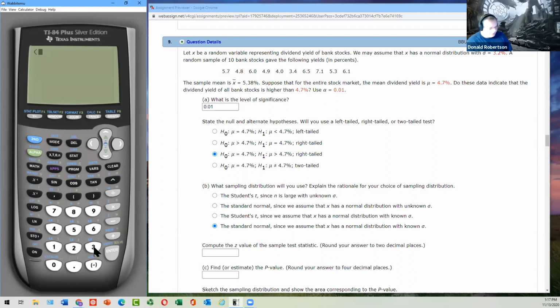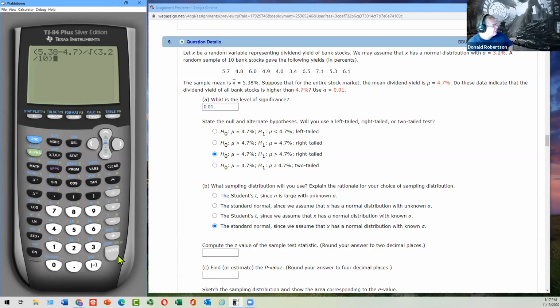We're going to take the data, which is 5.38. I'm going to subtract 4.7, close the brackets. Divided by the square root of sigma, which is 3.2, divided by n, the sample size, which is 10, close brackets.